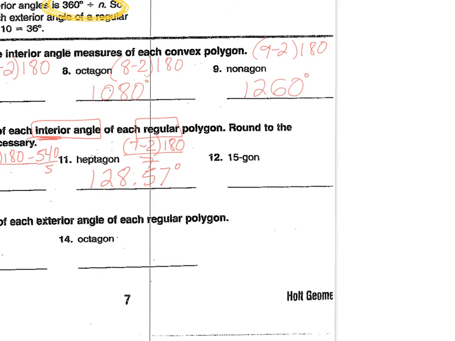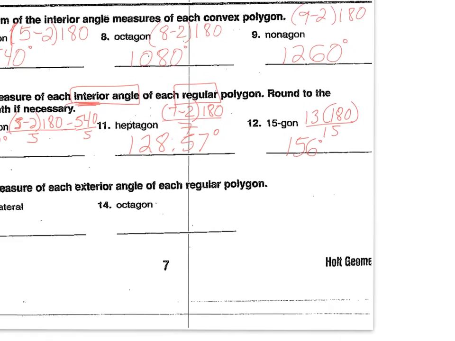Get the sum first. 15 minus 2 is 13, times 180, then divided by 15. 156. Perfect, thank you.